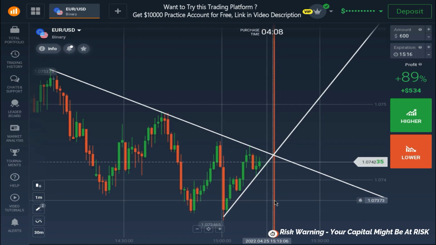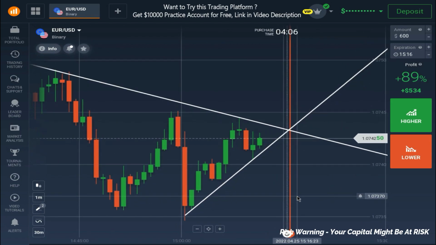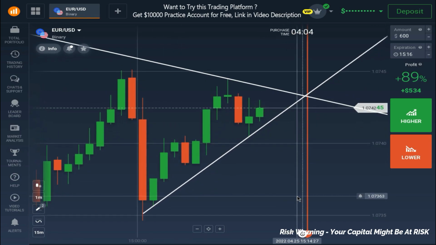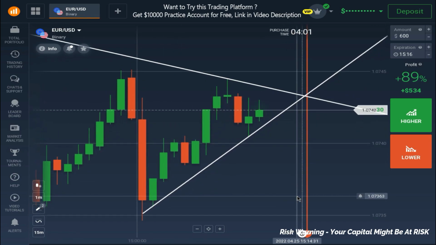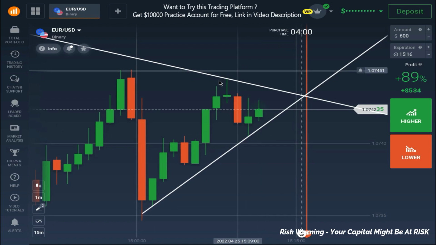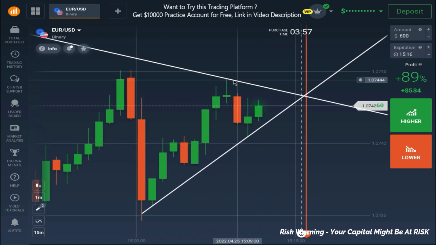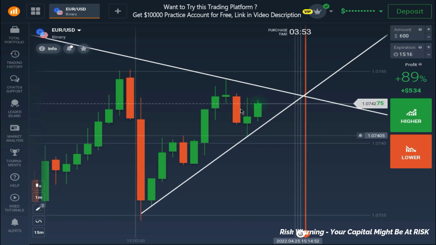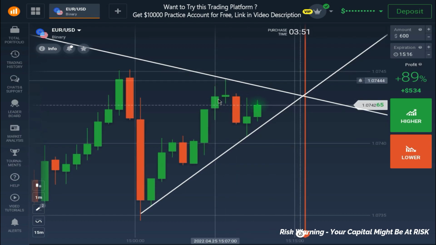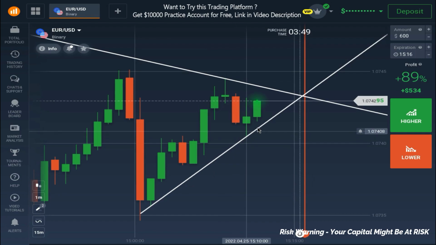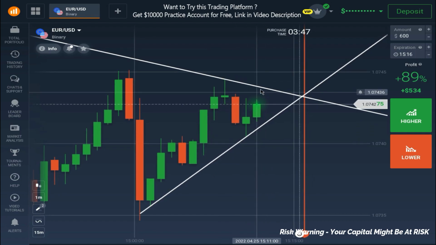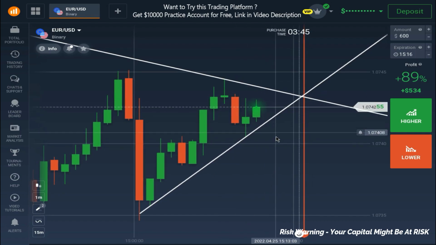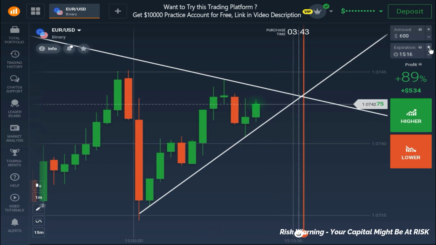The trend is clearly downtrend, so we need a good breakout in that lower direction so that we can place a trade. The price action here is also showing that market can break at any minute, because it formed a high here, then it formed a low. Right now it is going to create the lower high, and after the breakout it will create lower low.